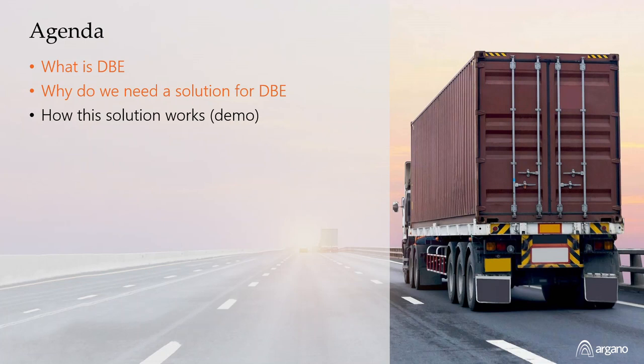It then helps in measuring performance of those suppliers against DBE metrics. It also generates certain standard DBE-specific reports that can be shared with government agencies. In summary, this solution meets most business needs related to DBE suppliers within the realm of Oracle Cloud. With that intro, let us now jump into the demo.